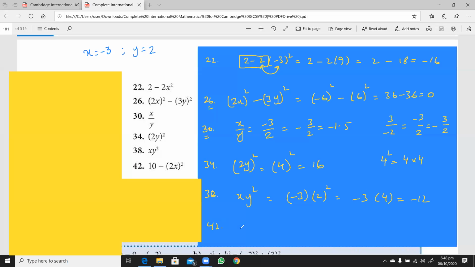And the last one, 42, that is 10 minus 2x whole square. 10 minus, this is minus 36. So 10 minus 36, so that is minus 20. That is the last part's answer. Okay.